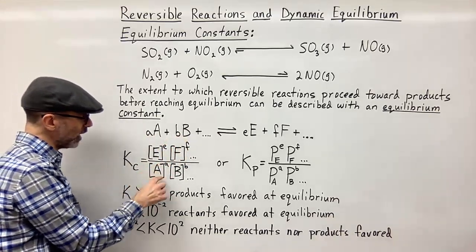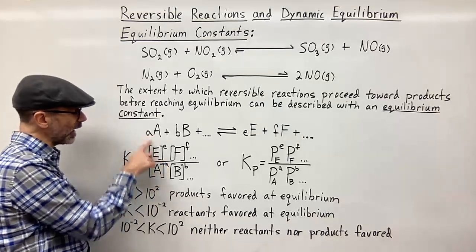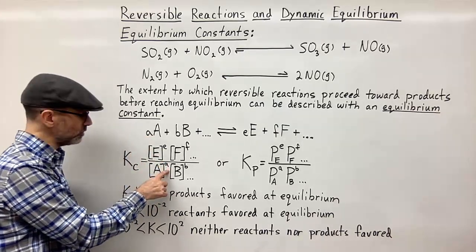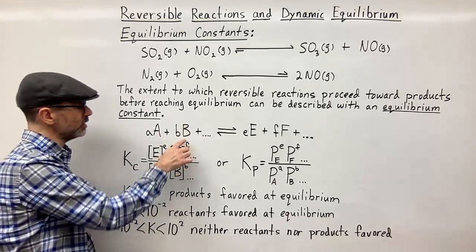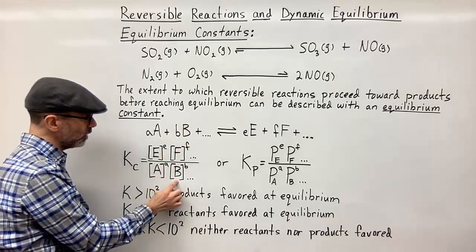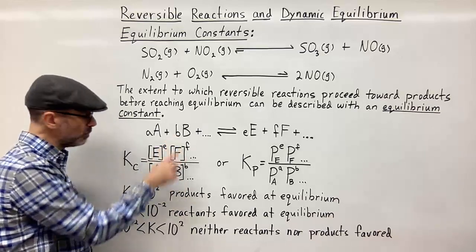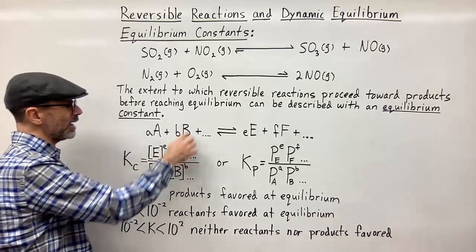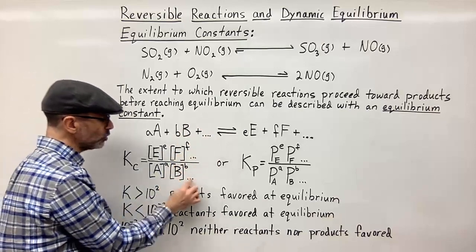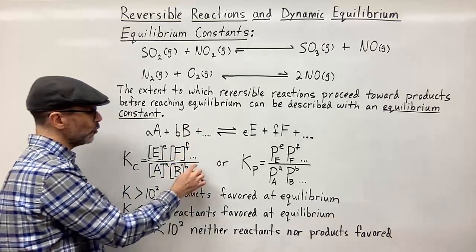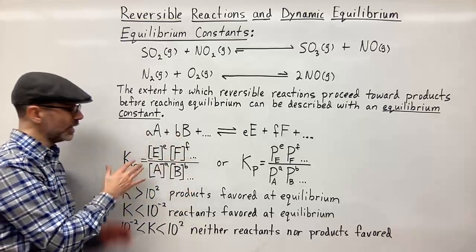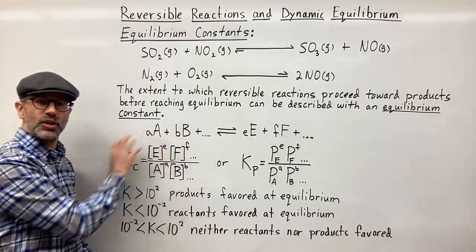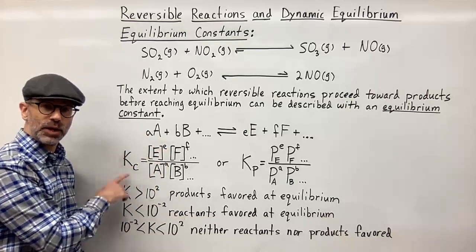So concentration of A raised to the a power, its coefficient, multiplied by the next reactant, so the concentration of B raised to little b power. And then if I add C, that would be multiplied by the concentration of C raised to the c power, and so on. So that is how you get your equilibrium constant expression.